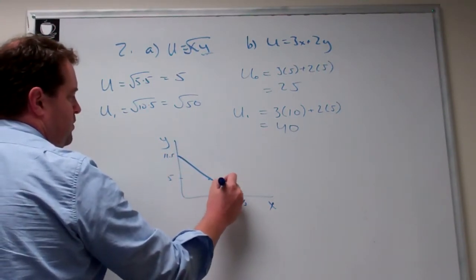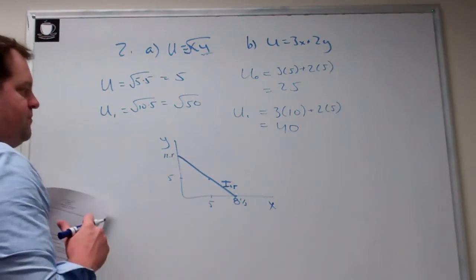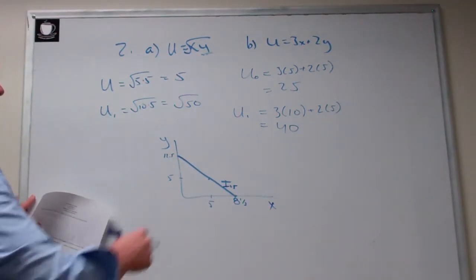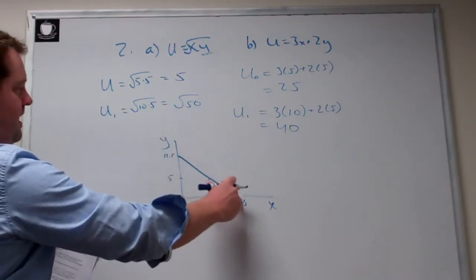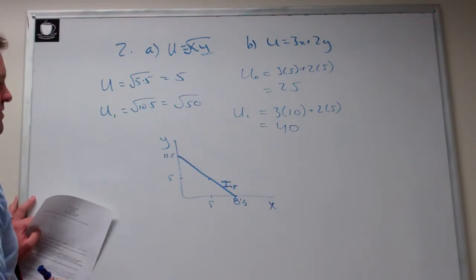And so the indifference curve that corresponds to the first level of utility that we calculated there for this perfect substitute consumer is this line here that I've labeled I sub 25.